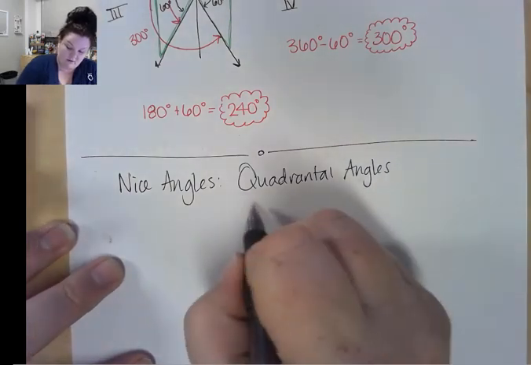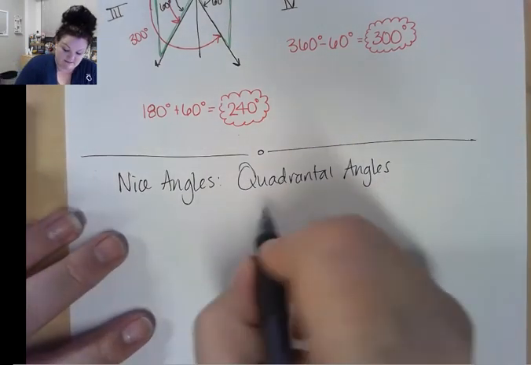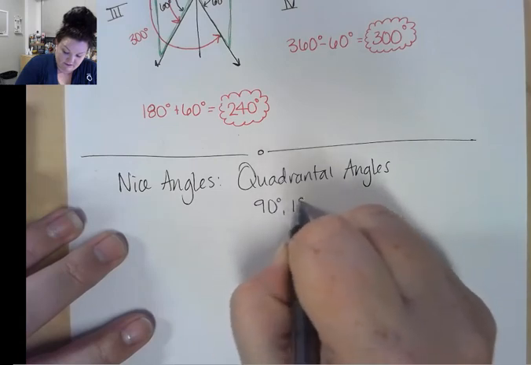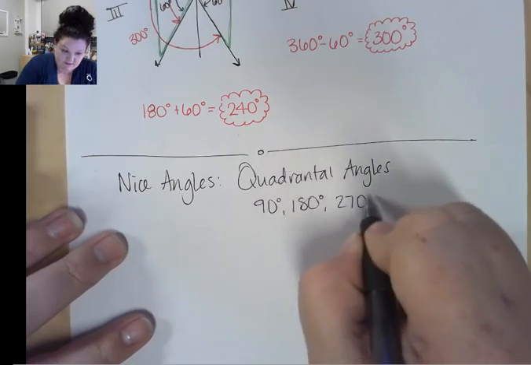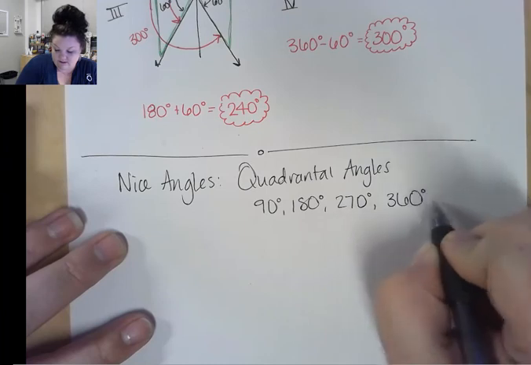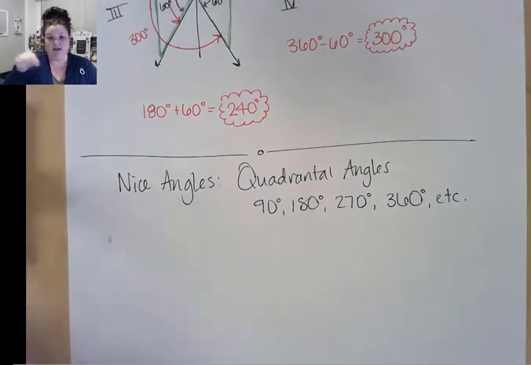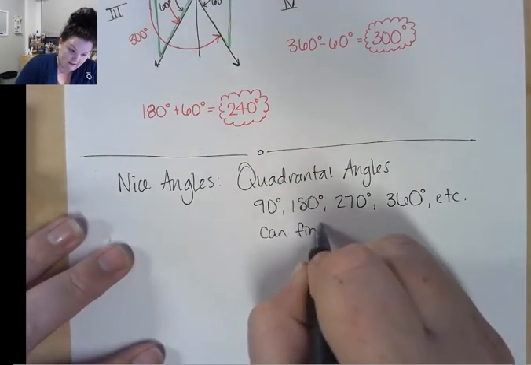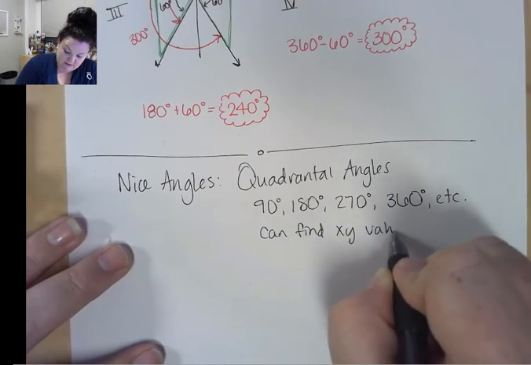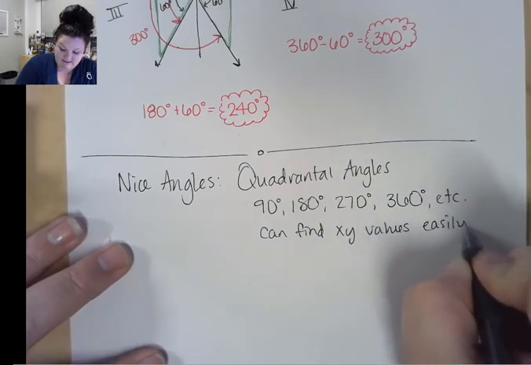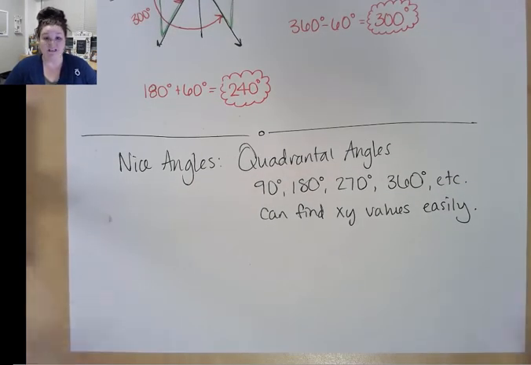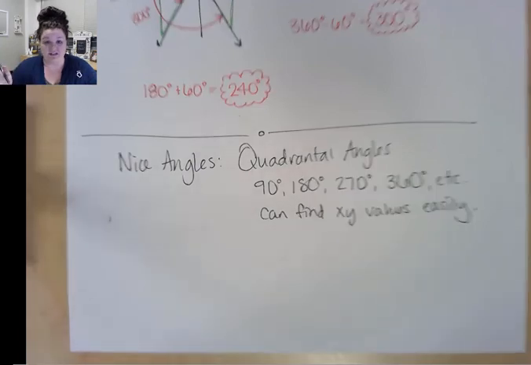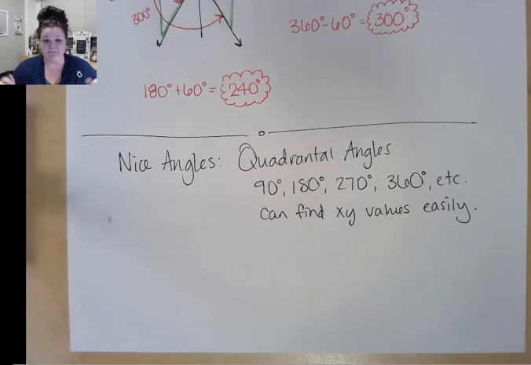These are the ones that landed on an x or a y axis: 90 degrees, 180 degrees, 270 degrees, 360 degrees, and either the negatives of those or multiple rotations of those. These are nice because we can find x, y values easily. Quadrantals are really nice because if they fall on an actual axis, it's really easy to figure out their trig function values.